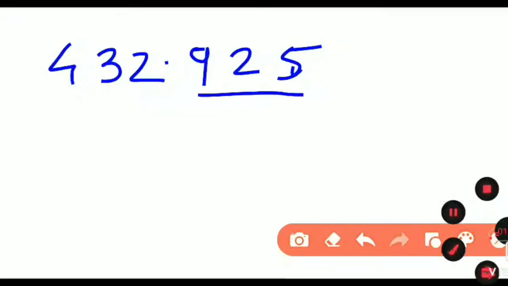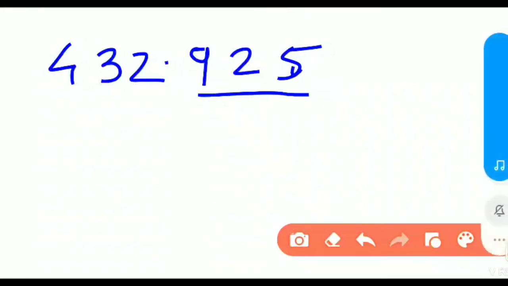One main important thing is how to read the numbers after the decimal point. Sometimes some students read this as 432.925, so this is the wrong way of reading.